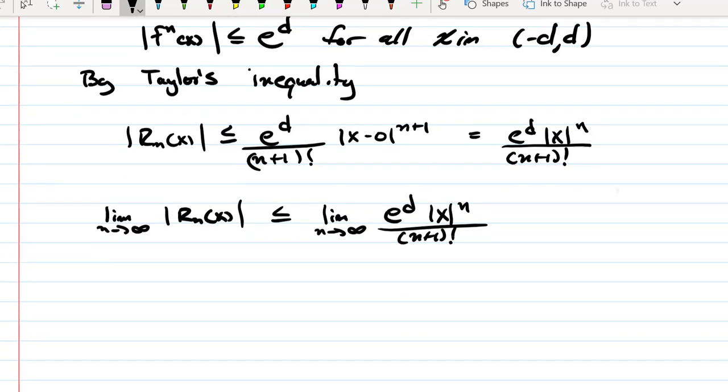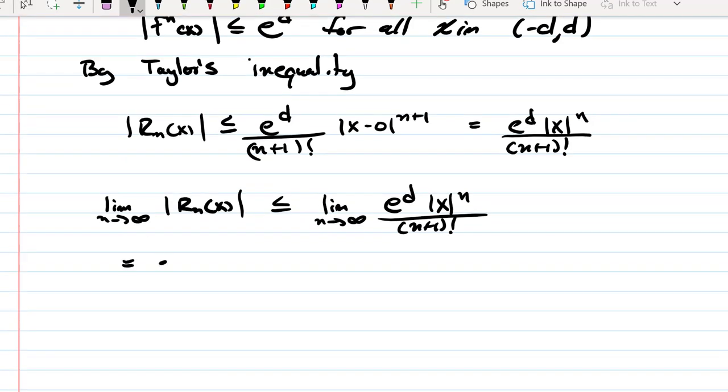Well, e to the d is a constant, so it comes out of the limit, and we have the limit as n goes to infinity of x to the n all over n plus 1 factorial.